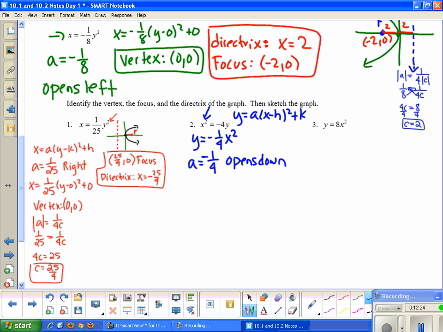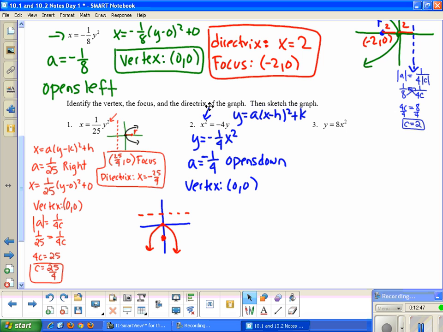So now that I have that, I also know the vertex is at 0, 0. And I can go ahead and sketch a graph of this. So if I sketch my graph for this one, my vertex is at 0, 0. So my graph I know is opening downward somehow. That means my focus has to be here and my directrix is going to have to be here.